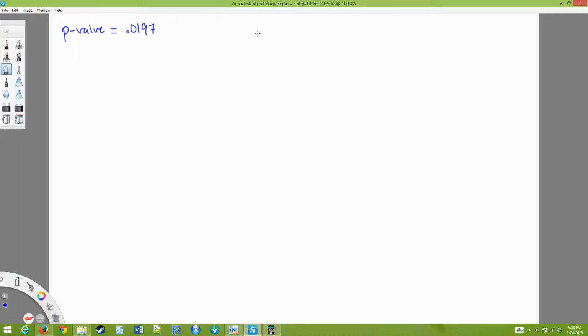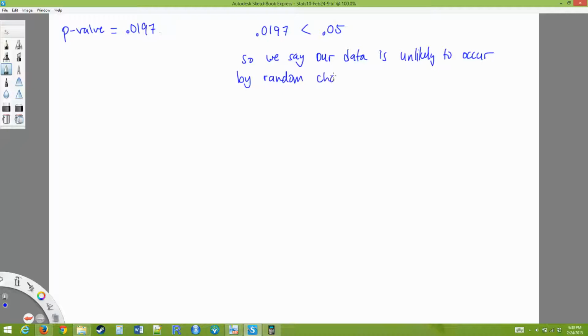So 0.0197 is less than 0.05, so we say our data is unlikely to occur by random chance under the null hypothesis.